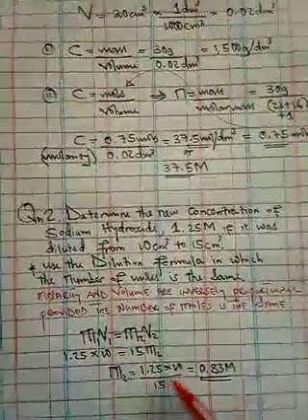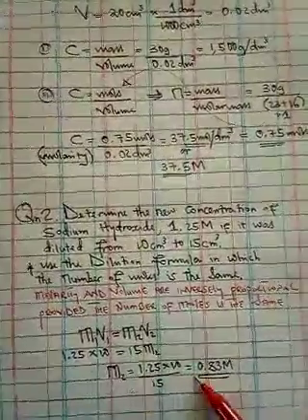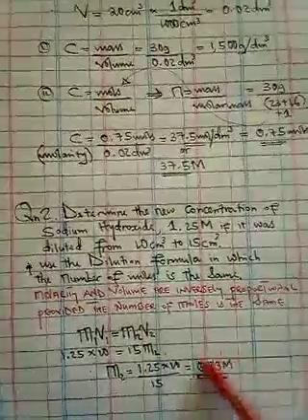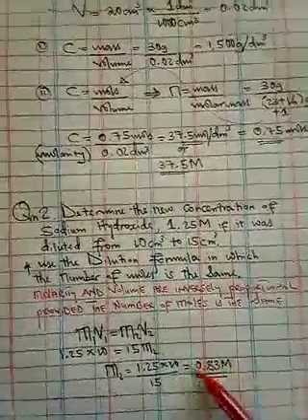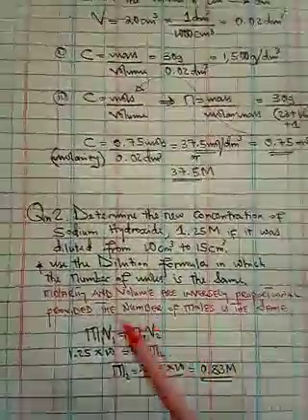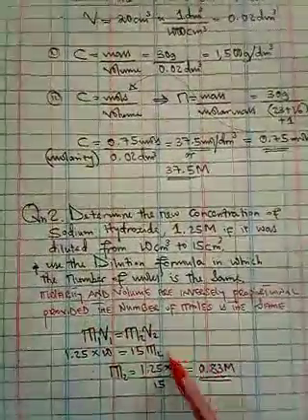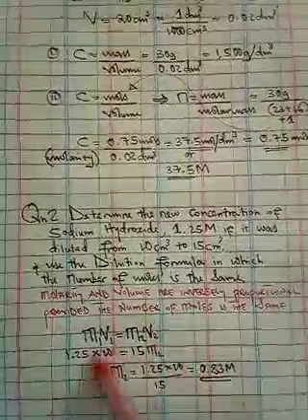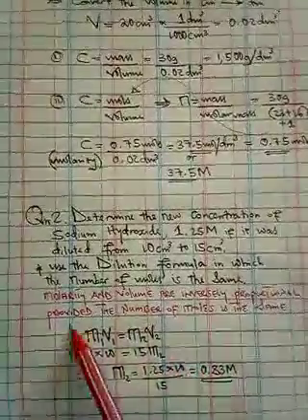And 1.25 times 10 divided by 15, the answer is just going to be 0.83.